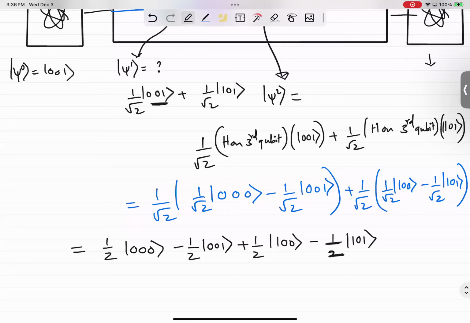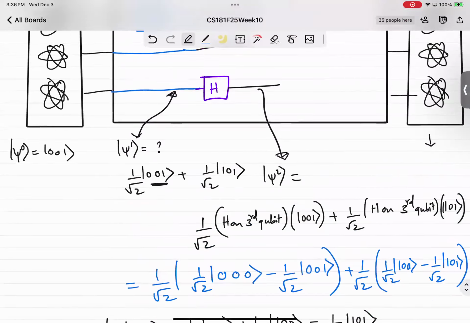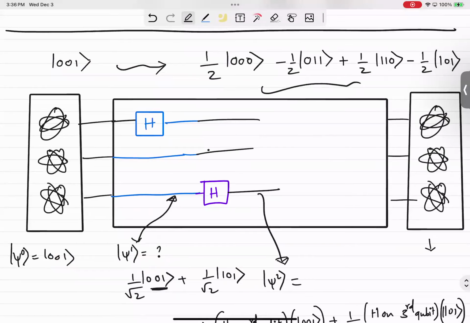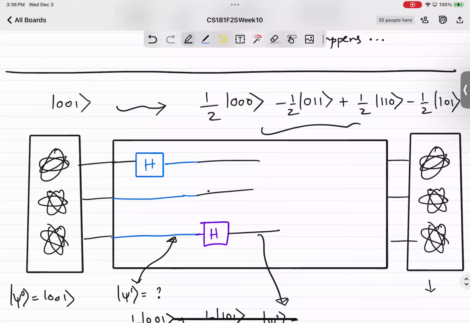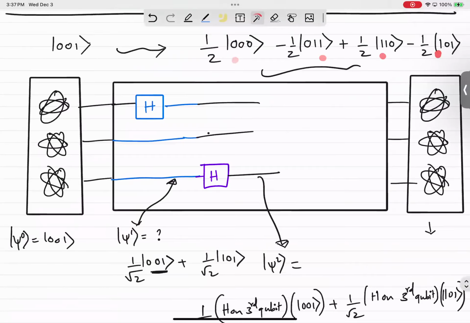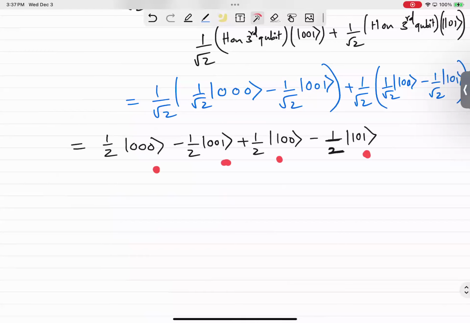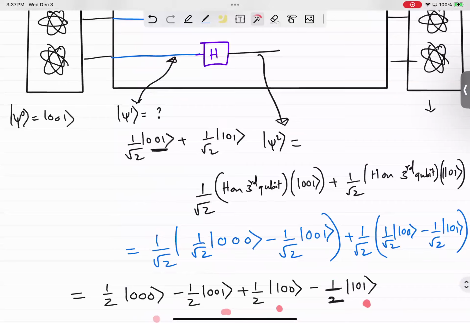Okay? So, you should really appreciate the Hadamard gate and try and use it when you need to. Okay? So now we are making some progress in that our end desired state had 4 things. I also have 4 things. Not all are matching, so I need to adjust them.